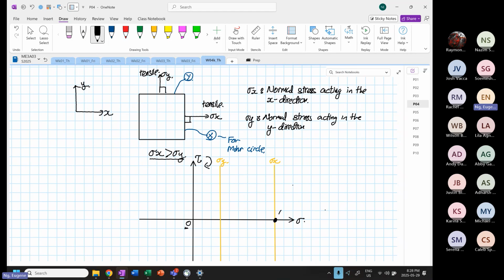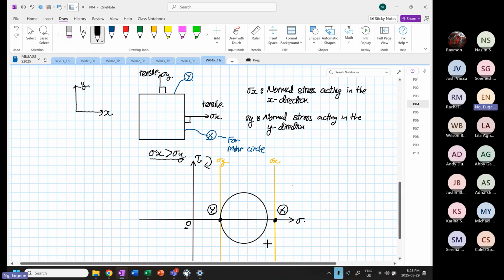So this is our point X. Over here, that is our point X. And over here, this is our point Y. Okay. So from here, we can immediately sketch our 2D Mohr circle. So this is our 2D Mohr circle.